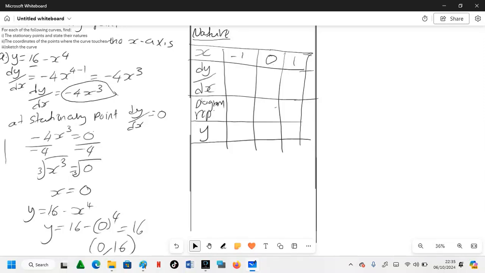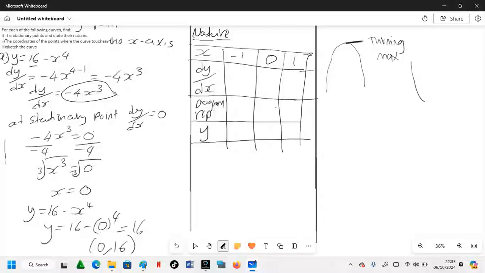In our previous video, we introduced this topic. We had introduced how to find the stationary points, how to state their nature, and how to sketch the curve. And we know that when a curve looks like an inverted U, then the nature of this stationary point, which is also called the turning point, is a maximum.